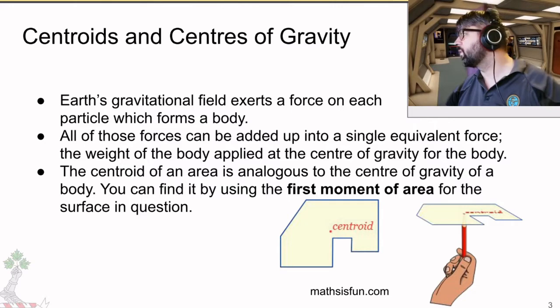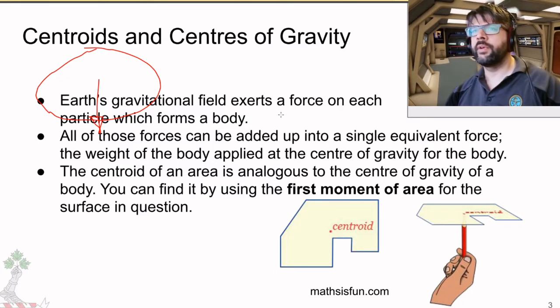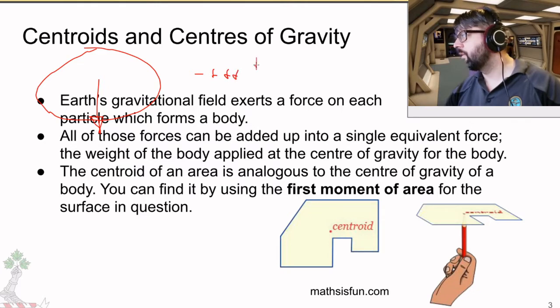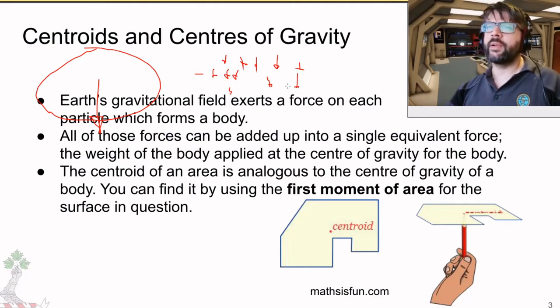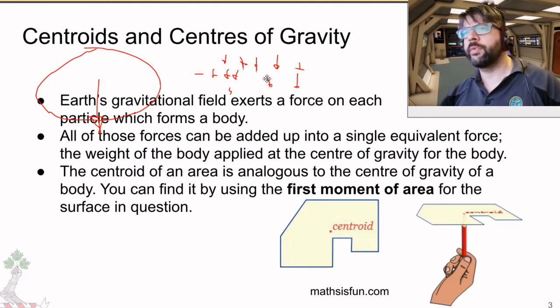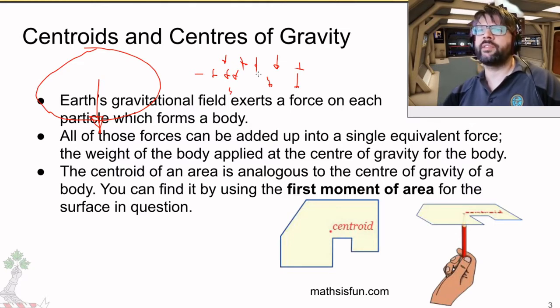Instead of looking at this thing with a large mass, we look at all the tiny little forces from gravity of each individual particle, each individual little block, and we add all those up. When we add up all those tiny little bits, we get the total weight, but we also get a location at which it acts. So it acts at the center of gravity.